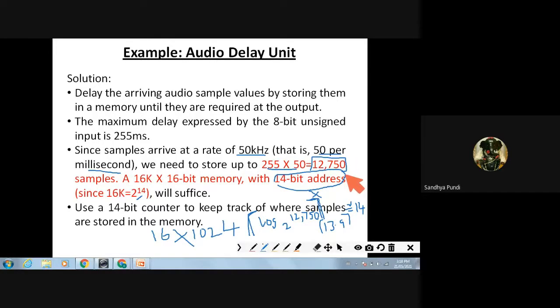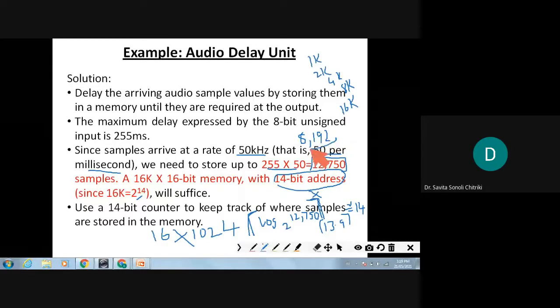But we cannot use lesser memory, because memories are only available in standard forms: 1K, 2K, 4K, 8K, then 16K. 8K is 8 into 1024, which is 8,192.